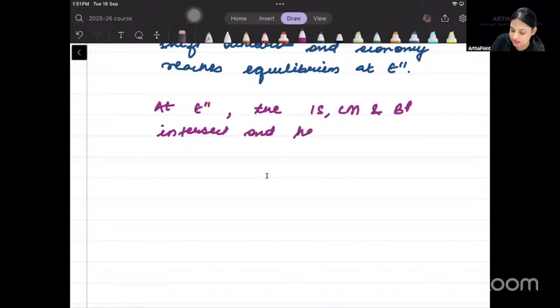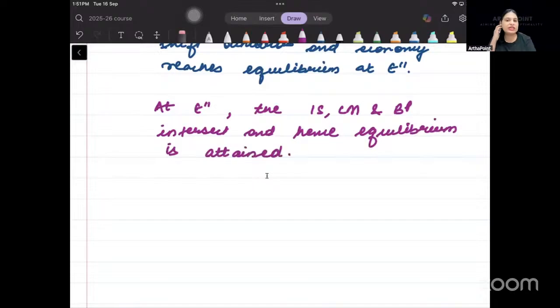and hence equilibrium is attained. IS, LM and BP intersect, and when IS, LM and BP meet, the equilibrium is attained back in the economy. Okay.